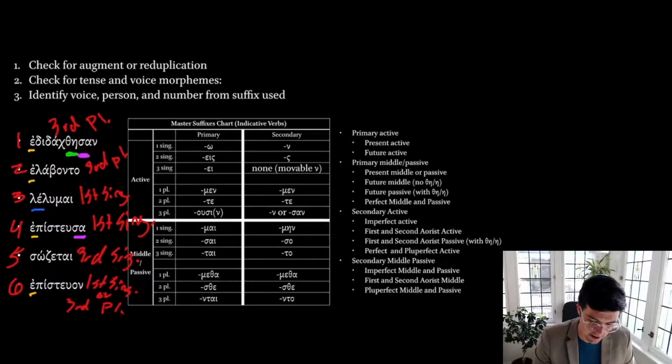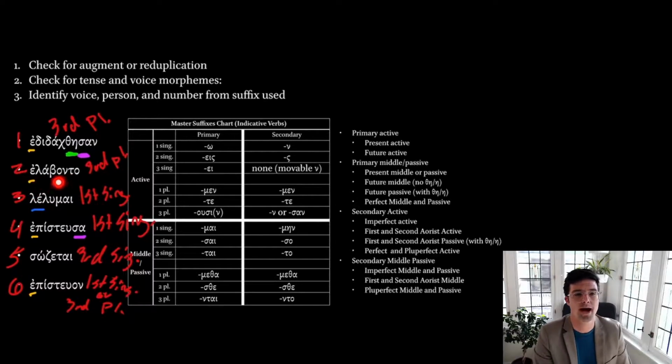So we come over and look for secondary middle passives, and we see that we have an augment, so it's either going to be imperfect or aorist, so imperfect middle and passive, or first or second aorist middle. And so we have to make a decision whether this is going to be imperfect or aorist. The augment itself doesn't tell us one or the other, so we have to look at the form.